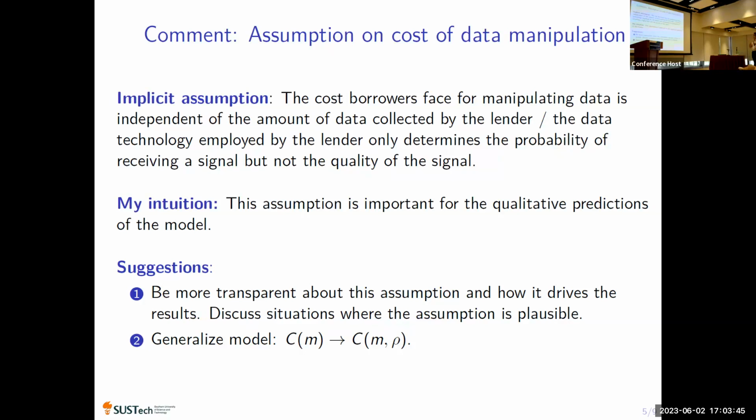In other words, the data technology that the lender employs just determines the probability of receiving a signal, but it doesn't determine the accuracy of that signal. I think this is an important assumption, and my intuition is that it is not just technical, it's important for the qualitative predictions of the model.